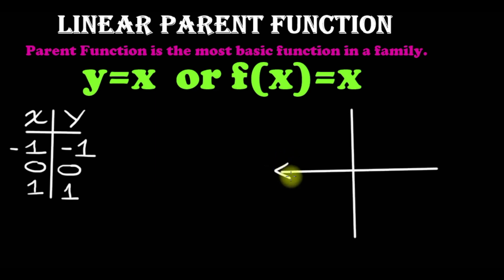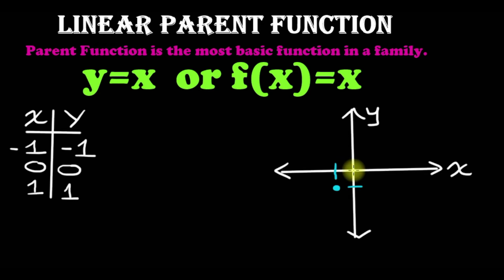Here I have a coordinate plane. My horizontal line is going to be the x-axis, and my vertical line is going to be the y-axis. I'm going to plot these points and then come up with the graph of a line. To graph (-1, -1), I would go left 1 unit and then down 1 unit. So here's my (-1, -1). (0, 0) is right here.